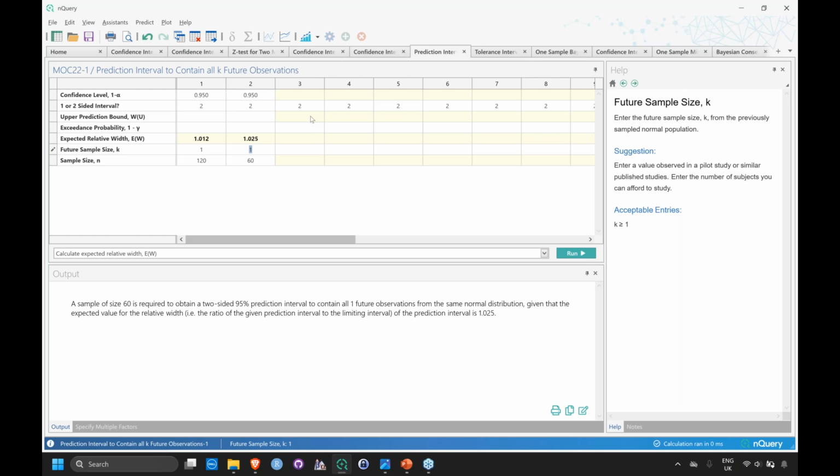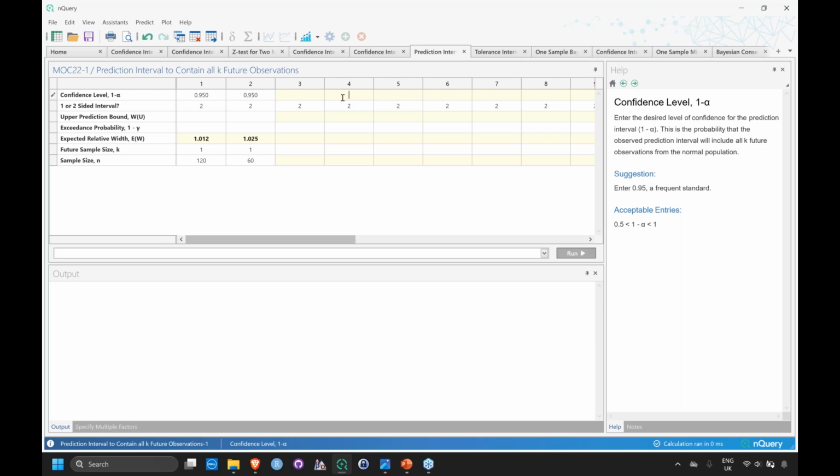You might also be wondering, how would you use the upper prediction bound and exceedance probability rows? Instead of targeting the expected relative width, we can say that we want it to be above a certain bound, WU, with a stated exceedance probability. So let's say we have an exceedance probability of 0.5, or half the time.